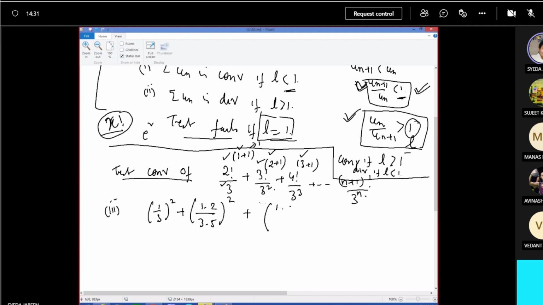Now this part, and so on. So what will be the nth term? Carefully look at the pattern of the elements in the terms.